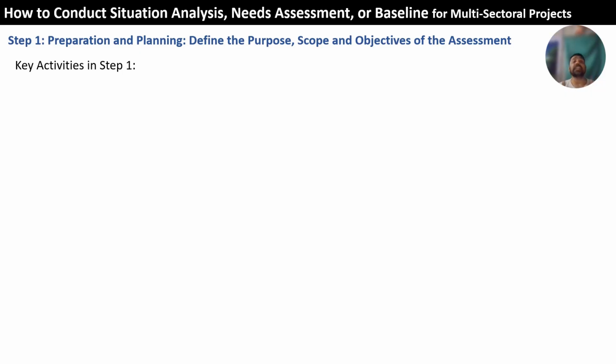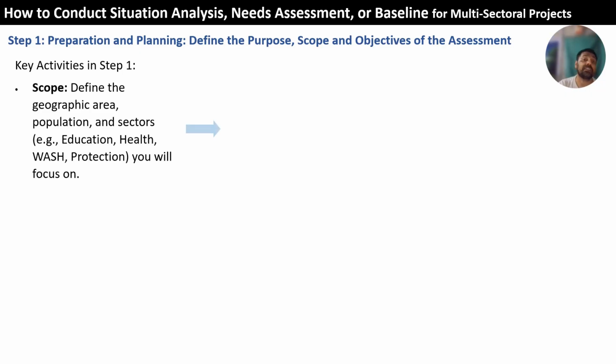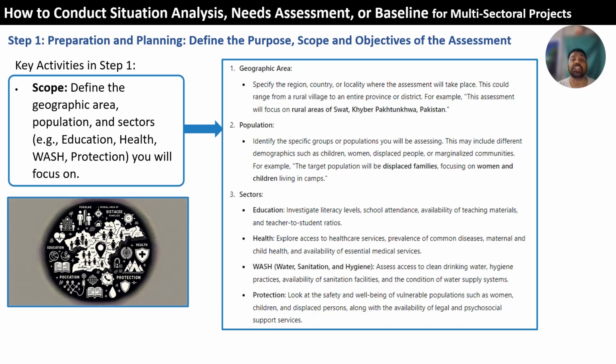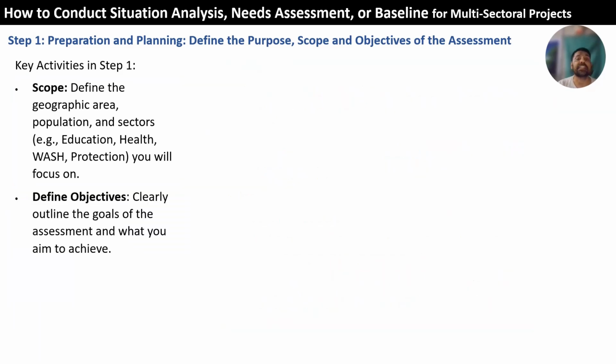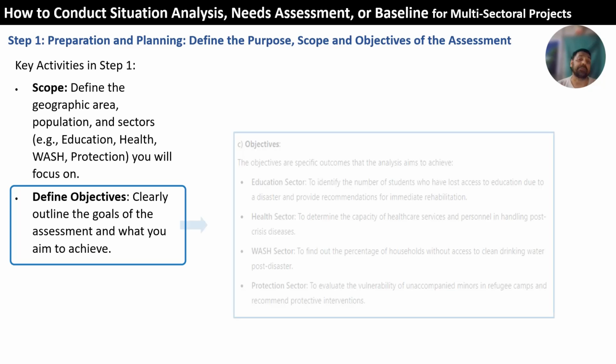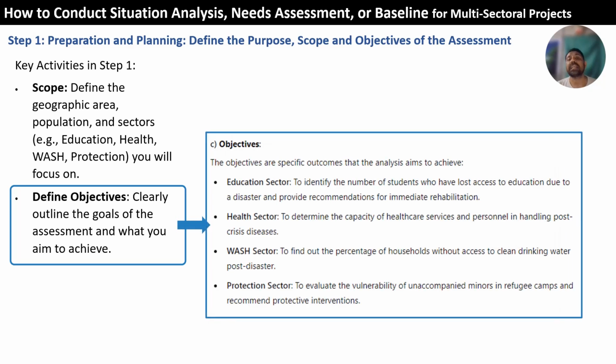Key activities in this step 1 are the scope, to define the geographic area, population and sectors, and the next activity is to define objectives, clearly outline the goals of the assessment and what you aim to achieve.